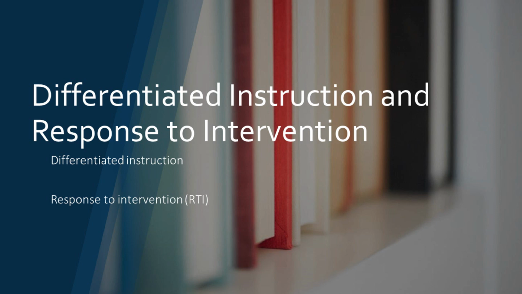To achieve this purpose, RTI programs typically frame educational interventions around 3 levels that we call tiers. Tier 1 instruction involves efforts to teach an entire class in the most efficient ways, and ways that are good bets for being effective with the majority of students.